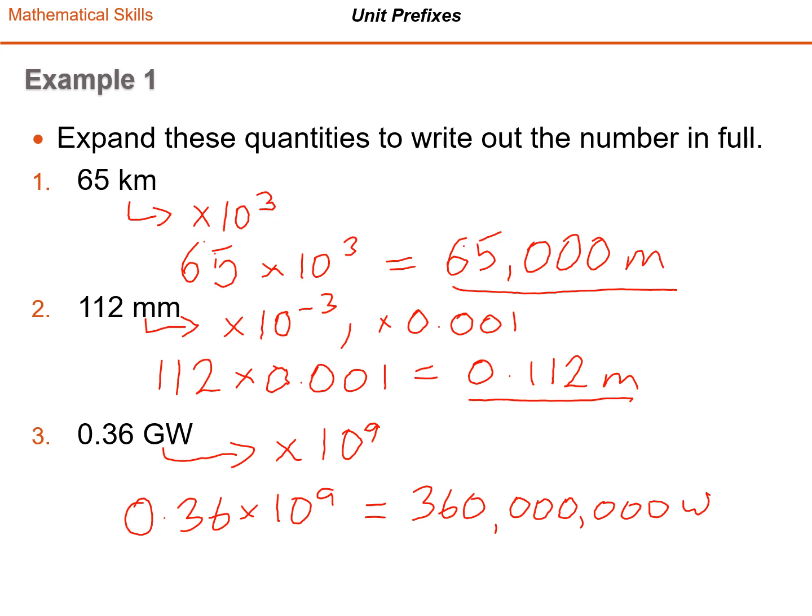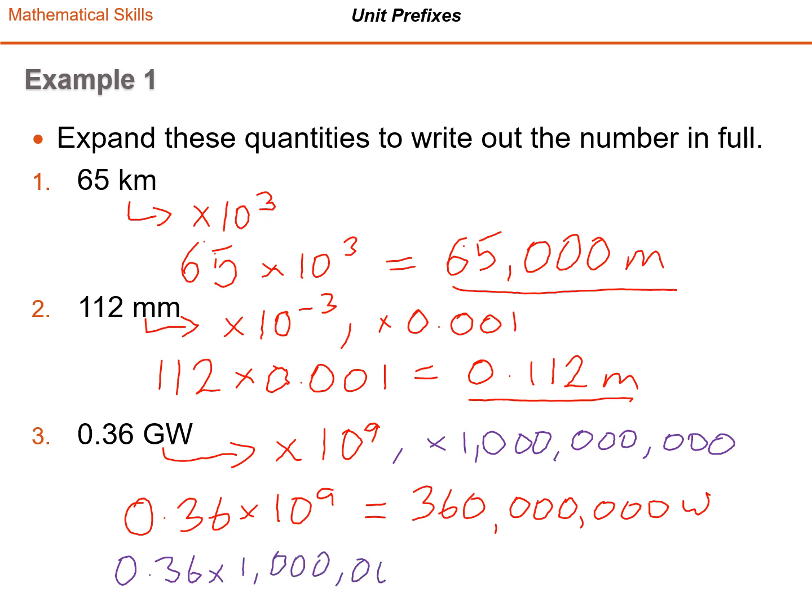We can also refer to giga as times a billion. And so in that case we would do absolutely the same of 0.36 times a billion, and we get the same answer that we had previously.